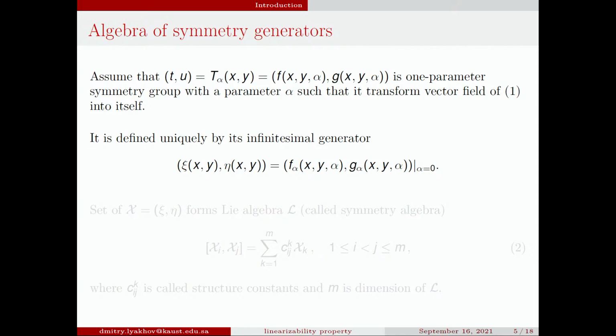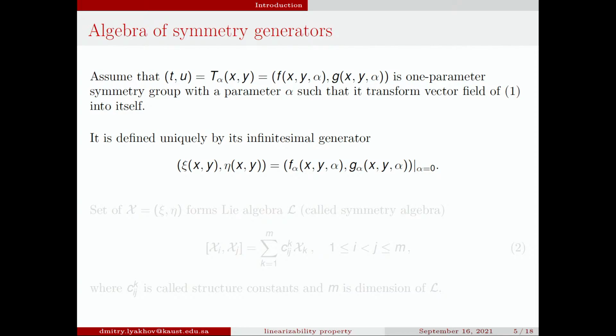Here alpha is the parameter, so we have a family of transformations. If we compute the derivative with respect to alpha and set alpha equal to 0, we have two coordinates, xi and eta. These two coordinates are expressed in x and y only.